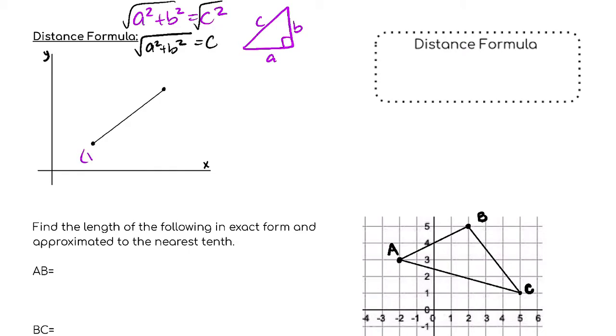This will be x1, y1, and the one up on the top right will be x2, y2. In order to relate this to the Pythagorean theorem, I'm going to draw in a right triangle.